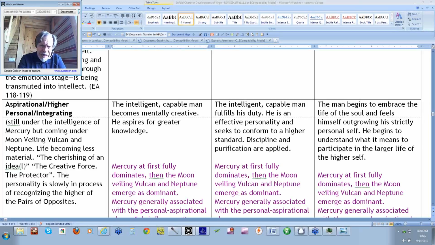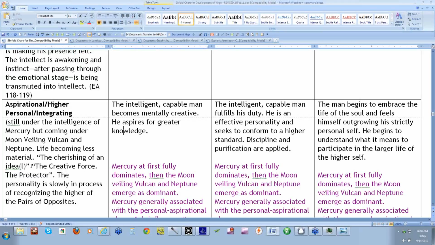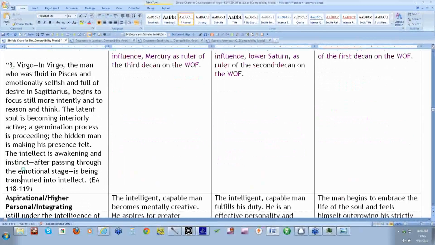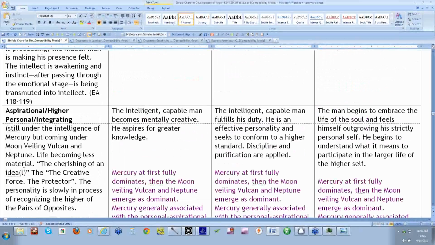The cherishing of an ideal, let's just say, even more, the cherishing of an idea rather than an ideal is entering here. There is the tendency, let's see if I am in the right place here. The cherishing of an idea. That was lower personal mental. Here I am. Okay, the cherishing of an ideal.